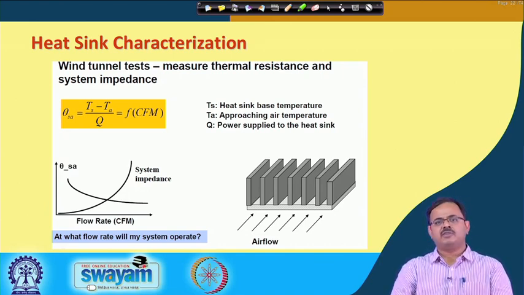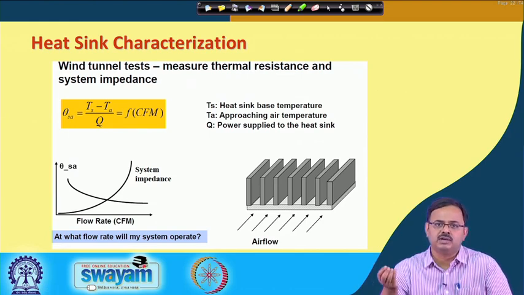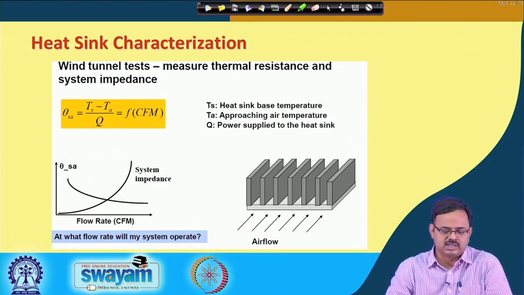Especially for forced convection, that is a very safe assumption. So, theta SA is T of sink minus T of ambient divided by Q, which is the rate of heat dissipation in watts.